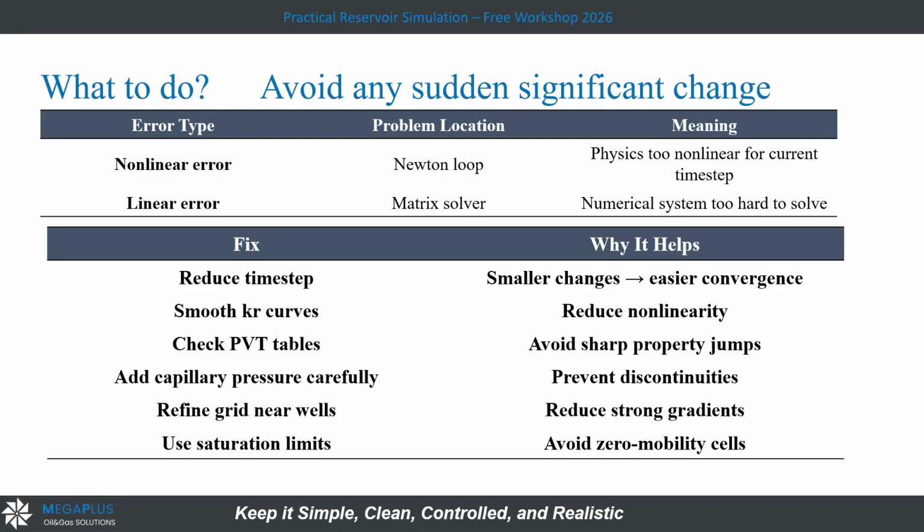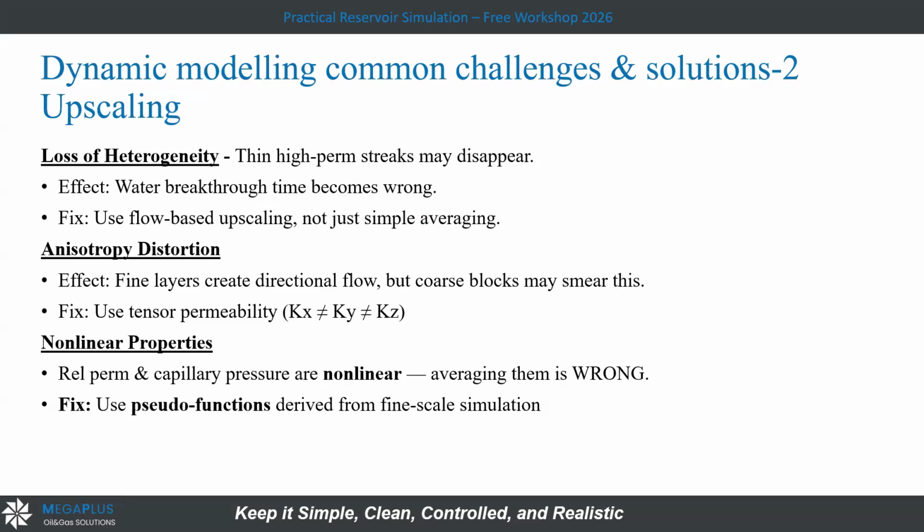You will see in the next slide something called local grid refinement: for the perforation in the well that you insert, we must respect the resolution around it, so you don't have these errors when the model is calculating and iterating.